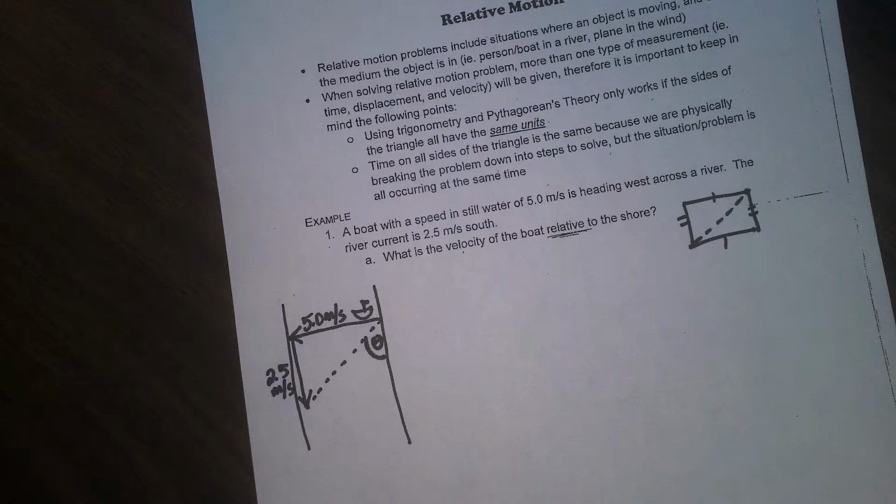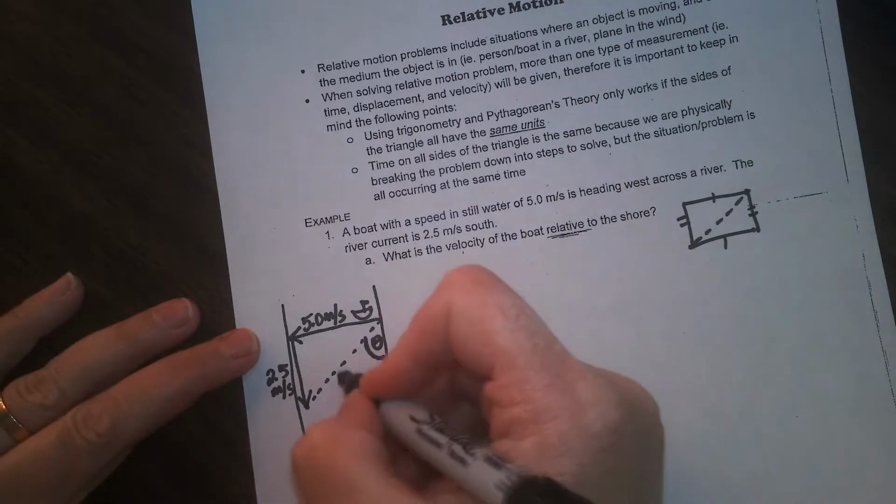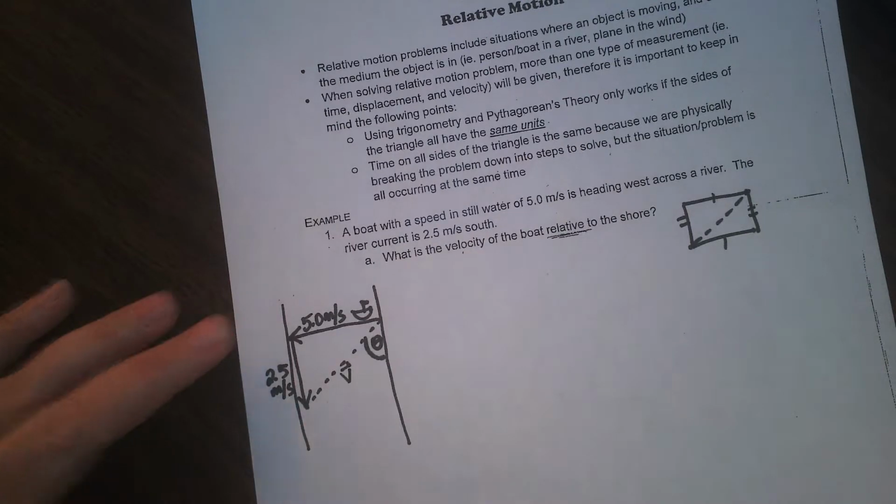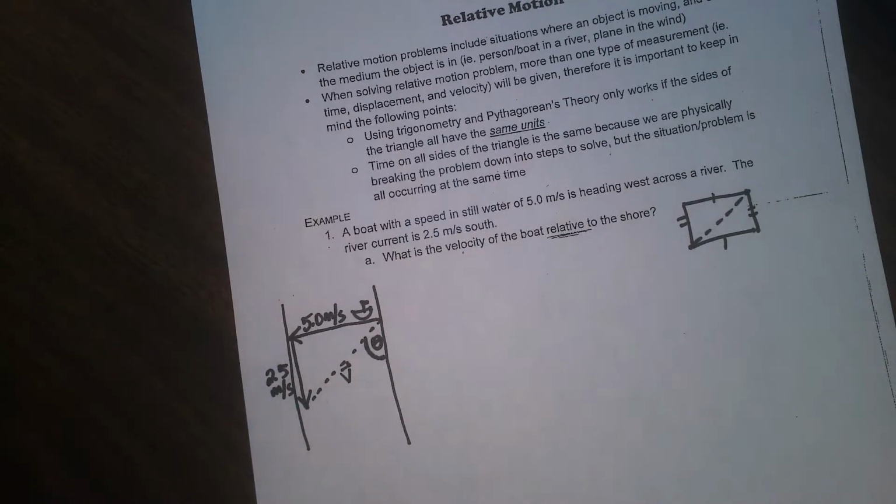All right, so it's asking us what is the velocity. So we need this velocity here, the hypotenuse, because when we think about it, if we were to put a boat into the water and we just let the water move it, even though the boat is pointed this way, if the current is running this way, it's going to eventually push that boat that way, right?